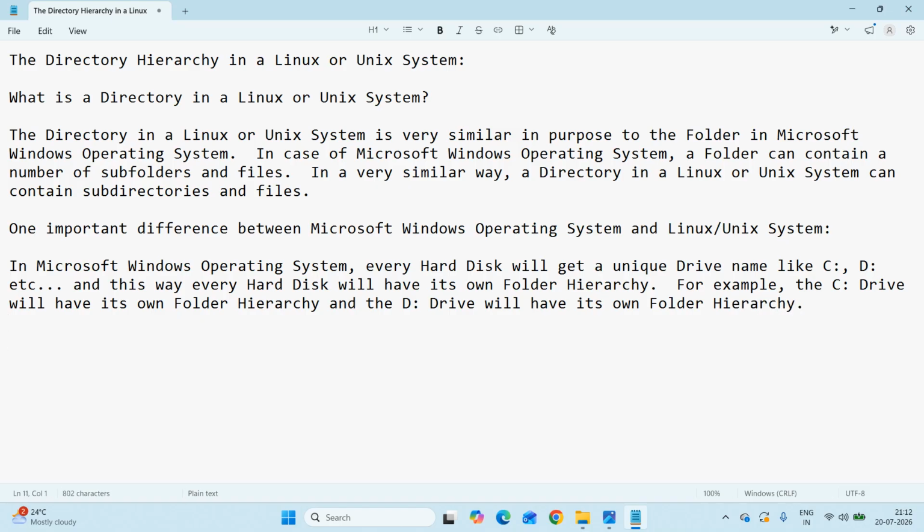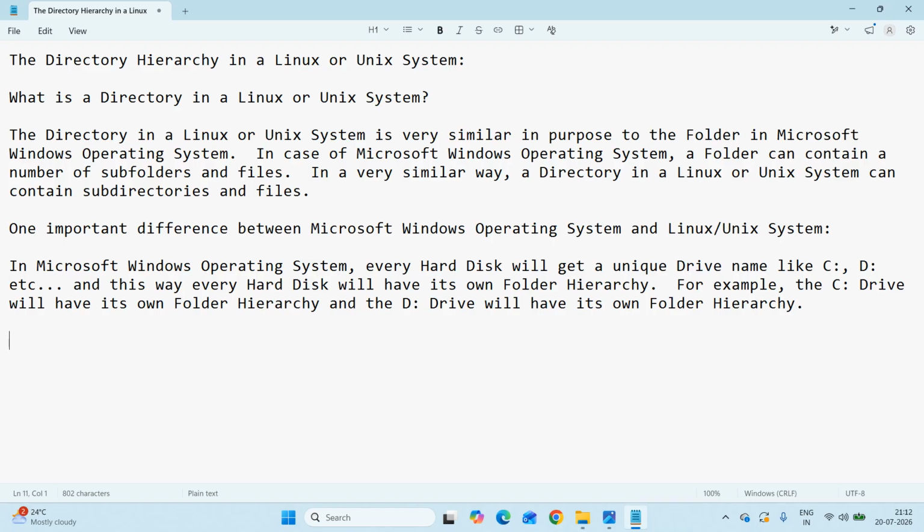So that's the approach that the Microsoft Windows operating system follows with respect to the hard disks that are available in a Microsoft Windows based system.